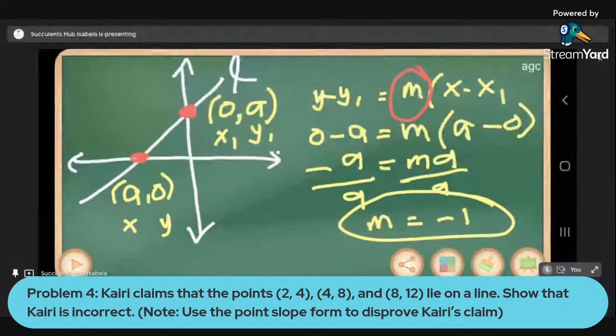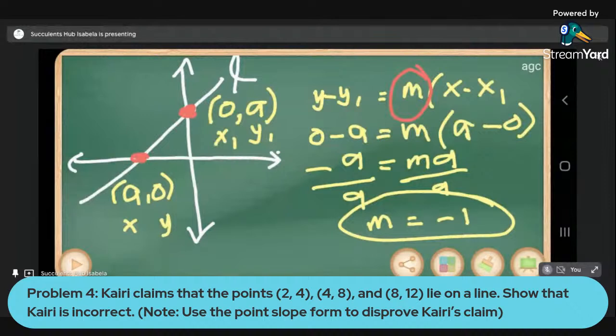So solve mo muna yung slope and then kukuha ka ng isang point, so point slope form, dapat pare-pareho yung lalabas na equation. Okay? Halimbawa, if you make use of 2, 4, and 4, 8 to solve for the slope and then solve for the equation, you use the slope in any of these 2 points and then you do the same. 2, 4, and 8, 12. Solve for the slope and so on.